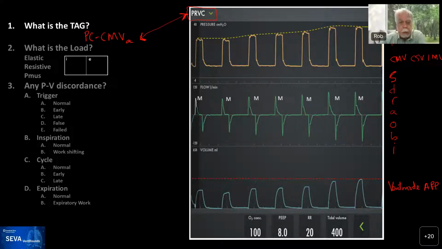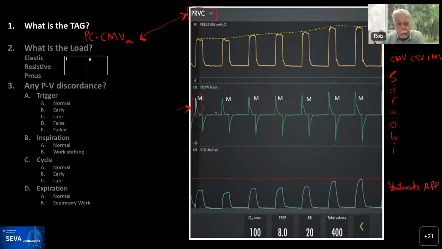So this is pressure control ventilation. On this ventilator, we would see a patient trigger as a white portion of either the pressure waveform for pressure triggering or the flow waveform for flow triggering. We don't see either one of those, except maybe the first one.